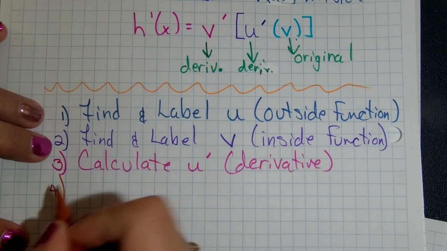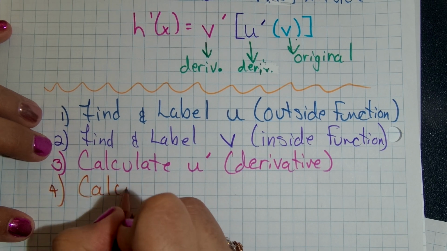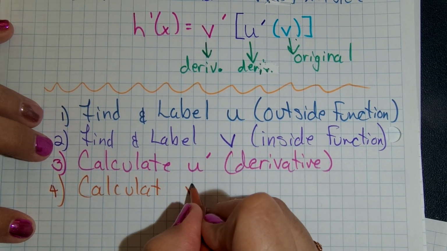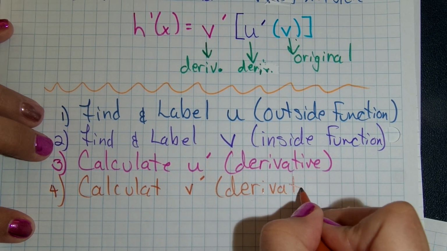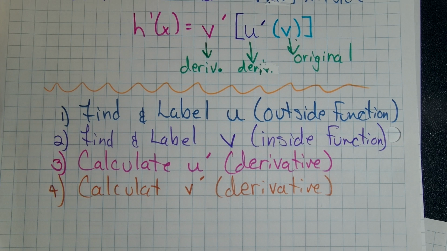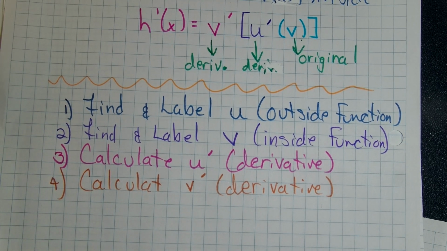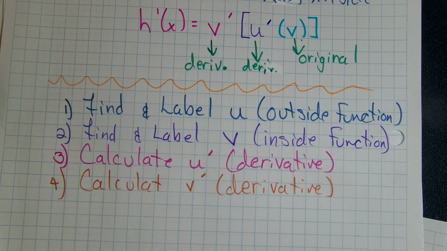Step 4, calculate v prime, which is the derivative again. We're only going to be using the power rule right now. And this last step is almost always forgotten by students. When you think that you're following these steps, you're done.